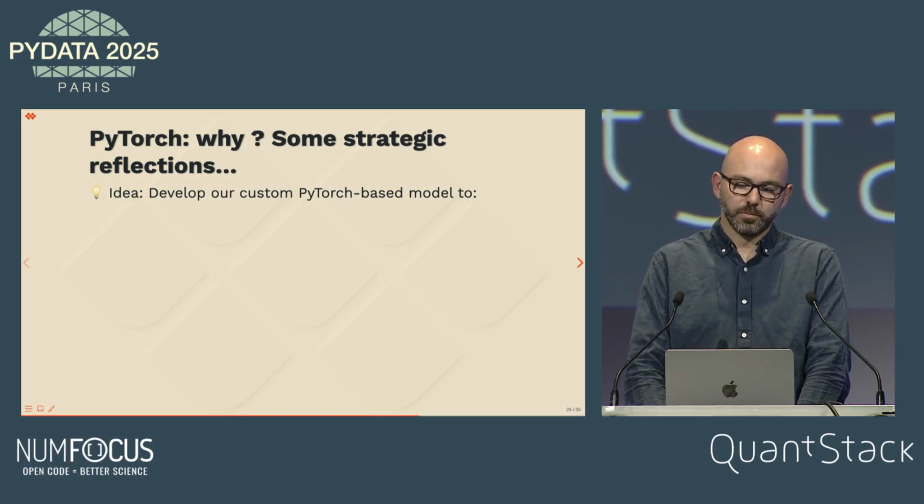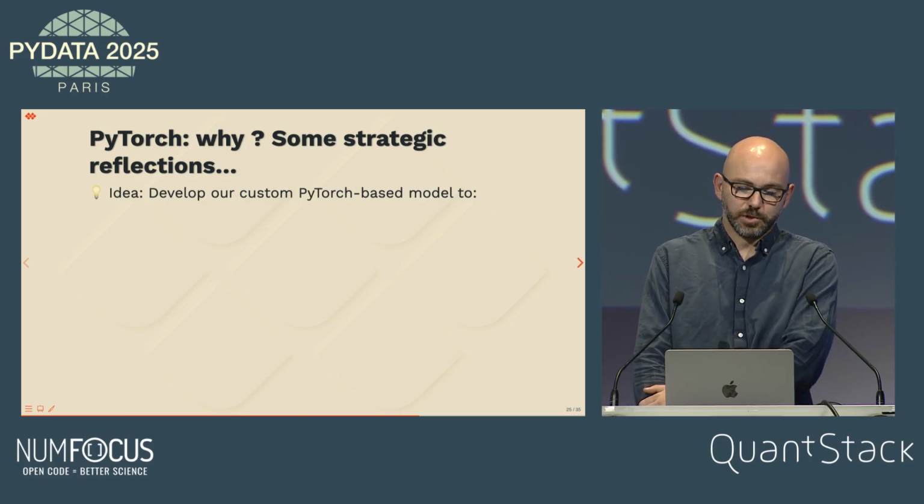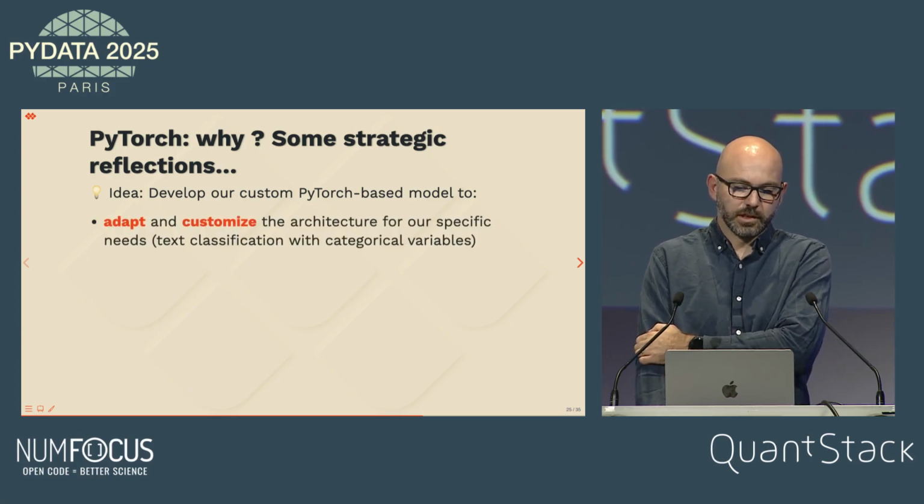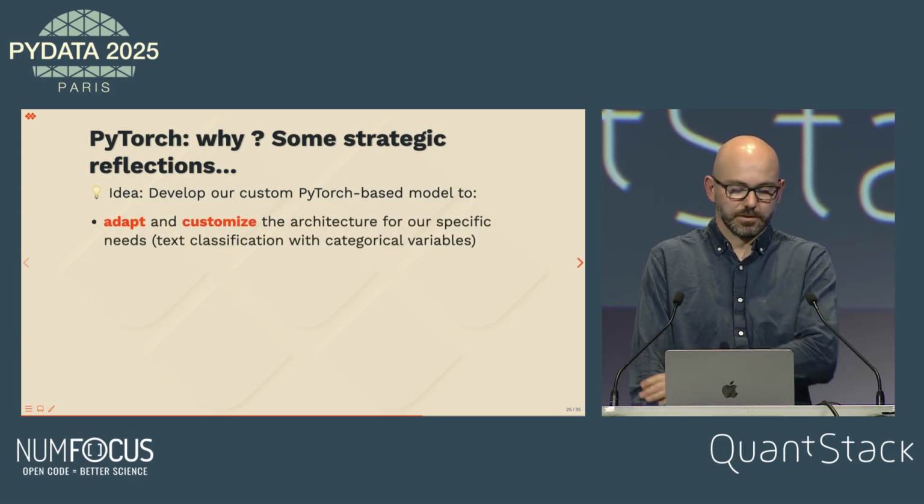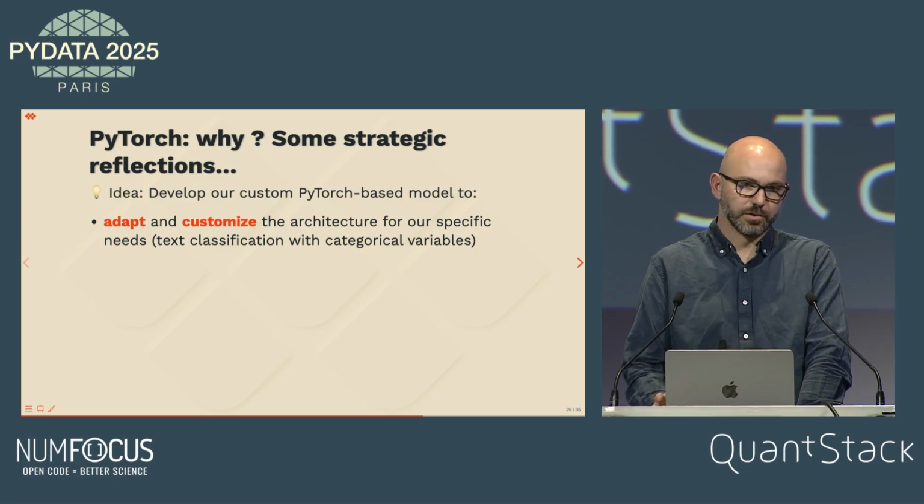Developing our custom PyTorch model is also a way to be able to adapt and customize the architecture for specific needs. Like I said, we use a lot of additional variables from our data to predict.